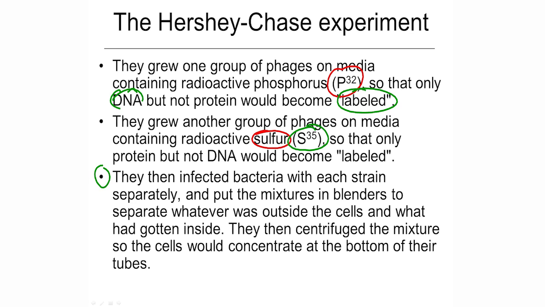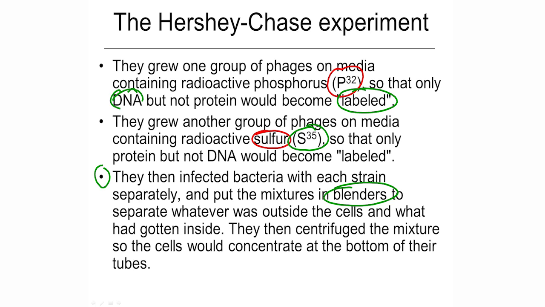And then separately, they infected bacteria with each of the strains. Now, they literally let the bacteriophage interact with the bacteria for however long, 10 or 15 minutes, and they put the mixture in blenders. It's sort of funny because it wasn't any big fancy piece of equipment. It was literally a Waring Osterizer blender, they called it.